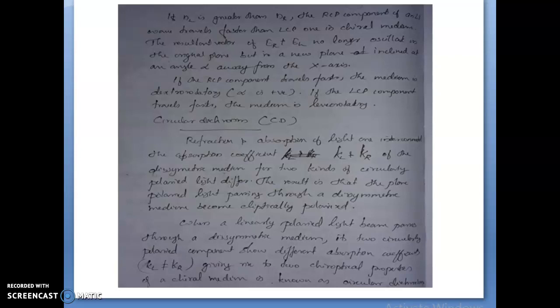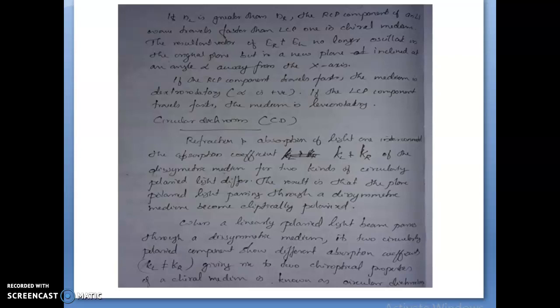So, we know that the specific rotation of a chiral substance, we can write as square bracket of alpha, that is specific rotation, will be equal to alpha into 100 by L into C, where L is the length of the tube in which the solution of the medium is taken in decimeter, and C is the number of grams per 100 milliliter of the solution.